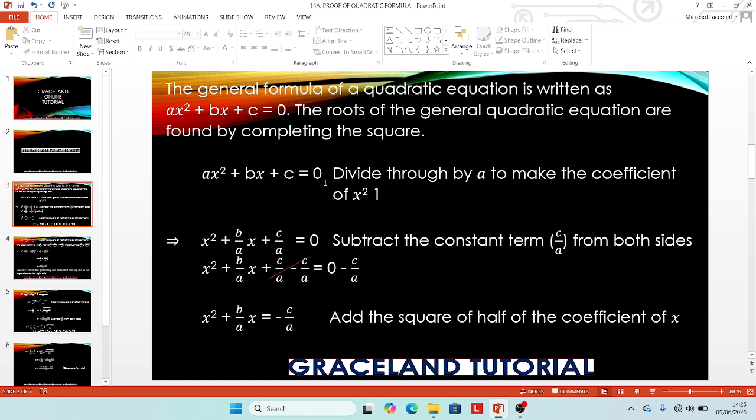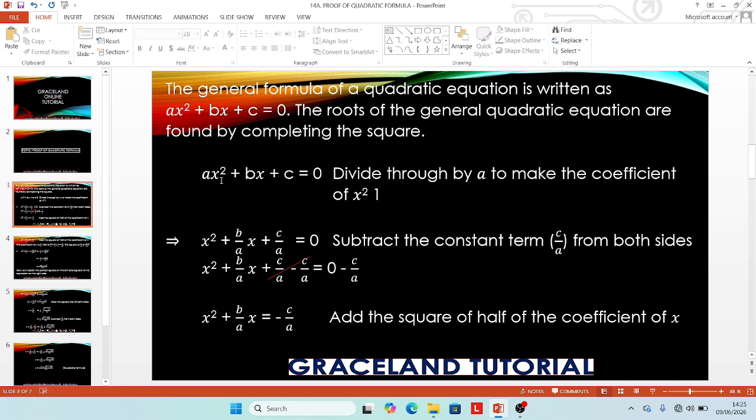Now, let's go back to the general formula: ax squared plus bx plus c is equal to 0. The first step is to do away with the a, which is the coefficient of x squared. All we want to do there is to make the coefficient of x squared 1. To do that, divide each of the terms in the equation by a.